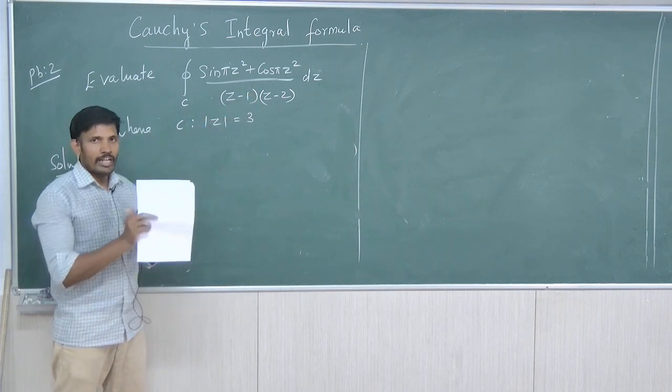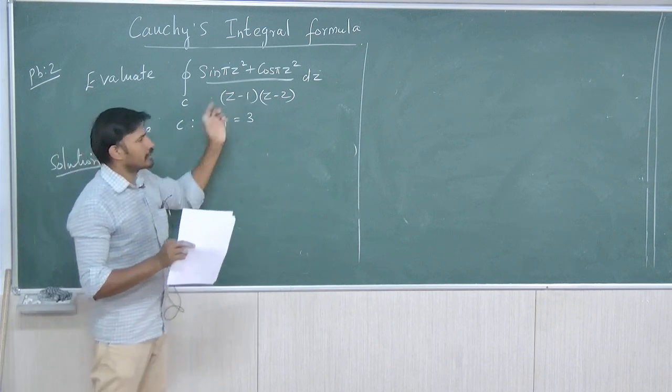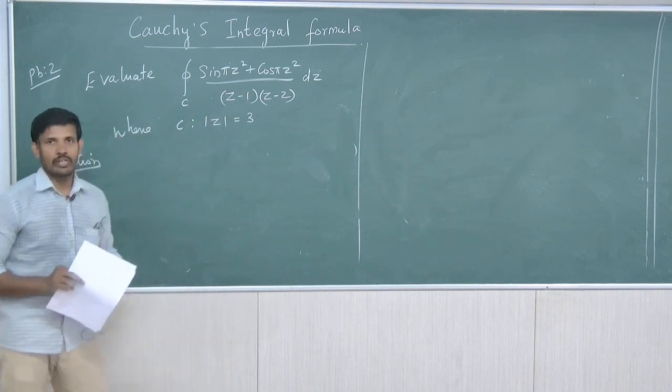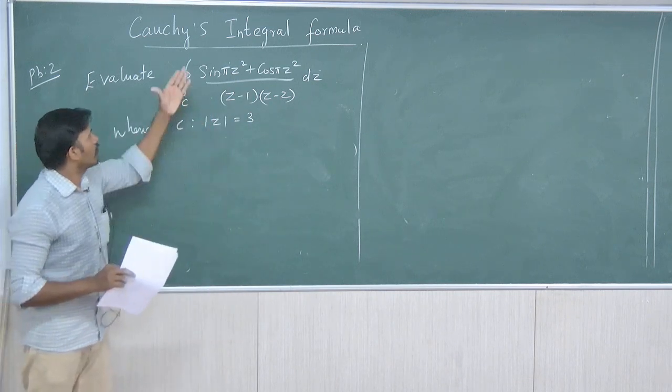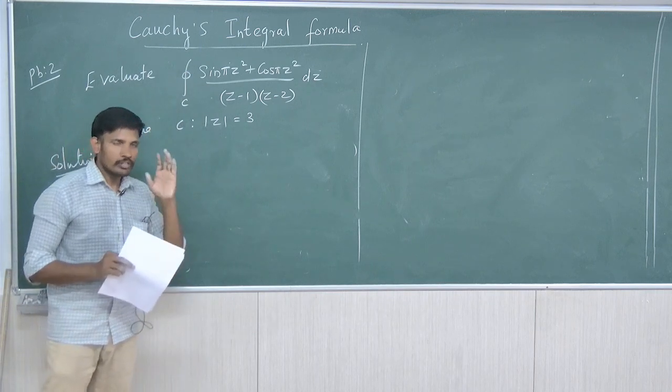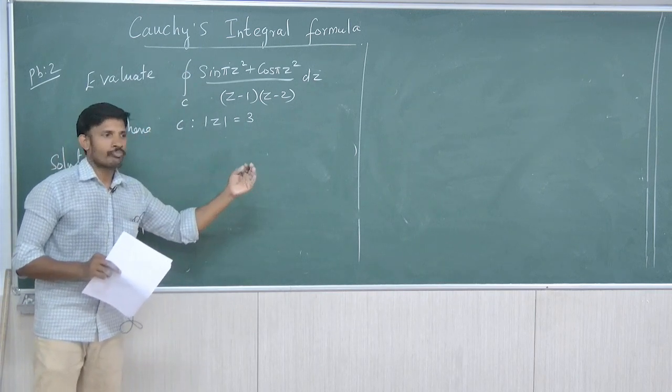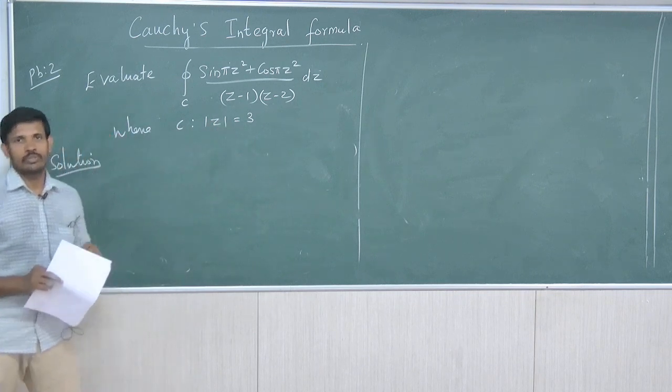So for that, I am going to split the integration into two parts, right? After that, I am going to apply Cauchy's integral formula. So for that purpose, I am going to apply partial fractions, right?